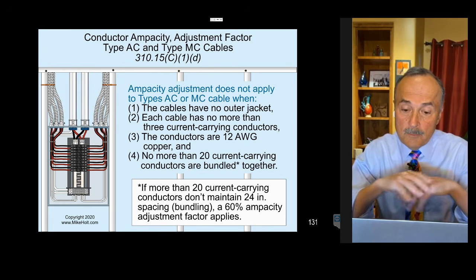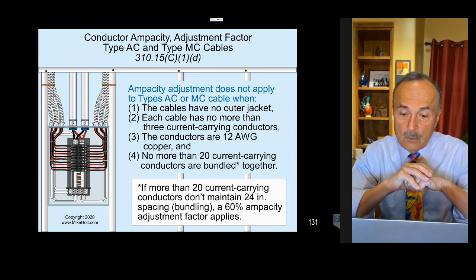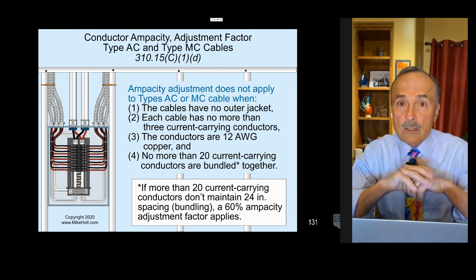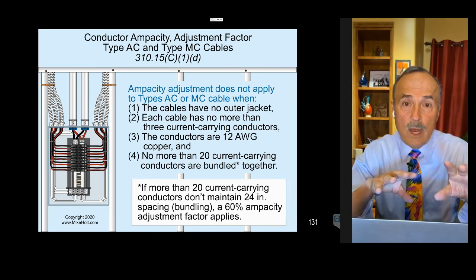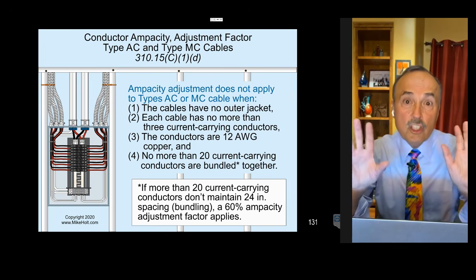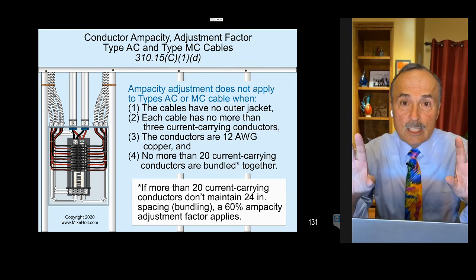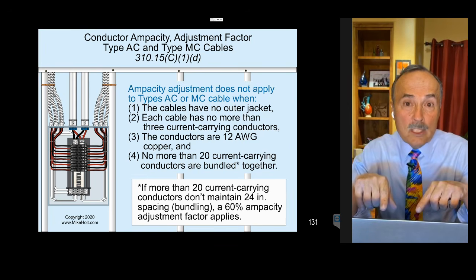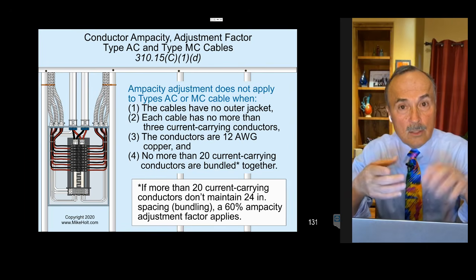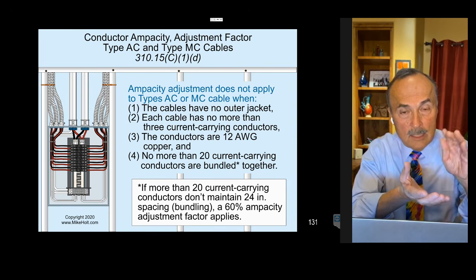This is saying, hey, listen, if you don't have more than 20 current-carrying conductors in an MC or AC cable, 12 gauge wire, however you're going to count the number of conductors, you're good. Forget about the adjustment factor. But what happens if you go over 20 conductors that are not maintaining spacing in the cables?